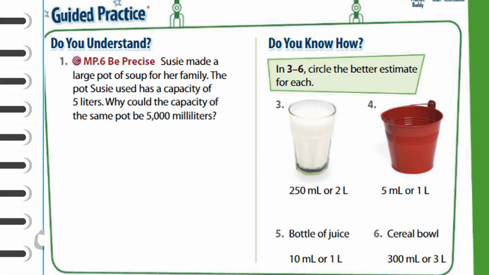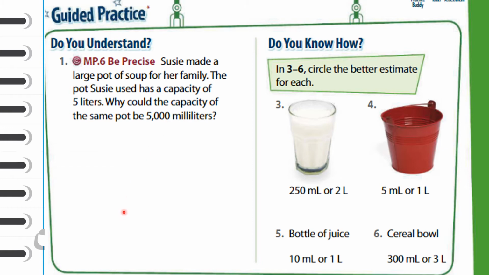So the problem is Susie made a large pot of soup for her family, and the pot Susie used has capacity of 5 liters. Excellent. Why could the capacity of the same pot be 5000 milliliters?